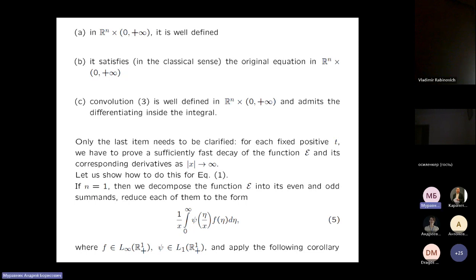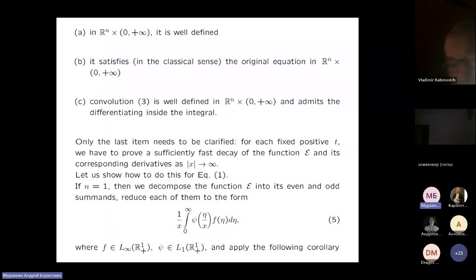What do we do? For each fixed positive t, we have to prove a sufficiently fast decay of the kernel and its corresponding derivatives as the absolute value of x tends to infinity. Let us show how we do this for the case where the equation contains sums of differential and difference operators.